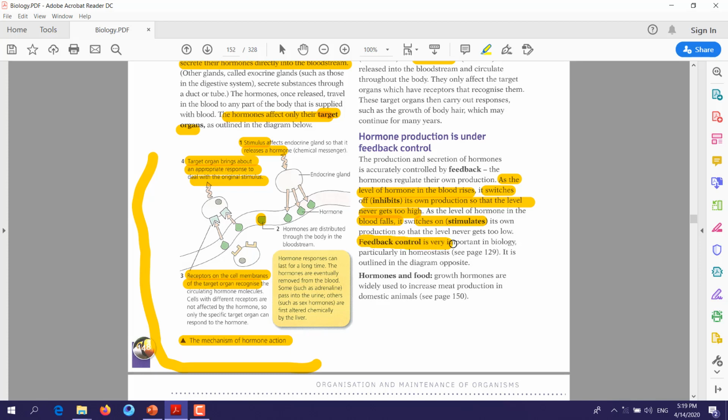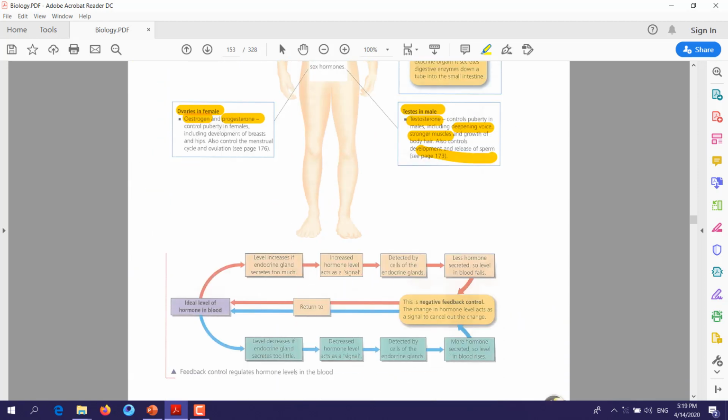So feedback control is very important in biology, for example, to keep homeostasis. The mechanism of it we will explain here.